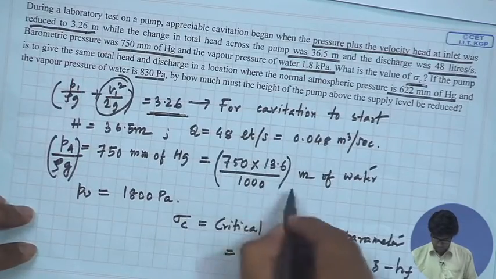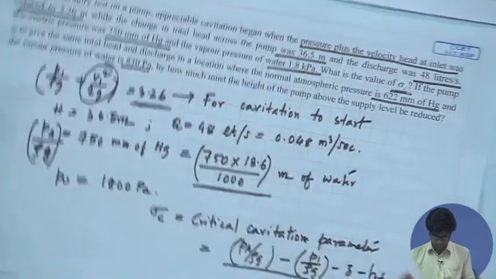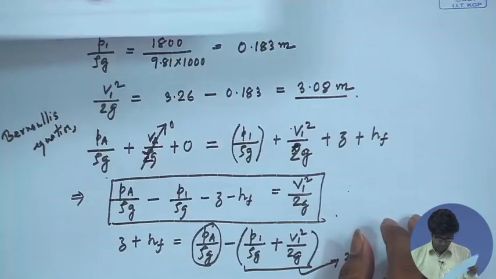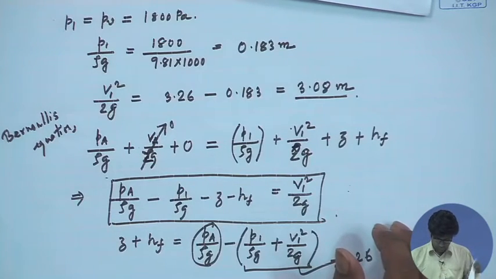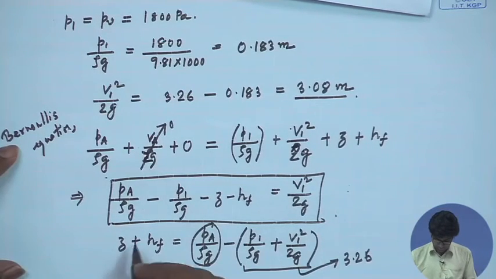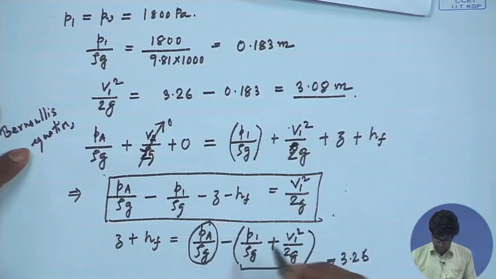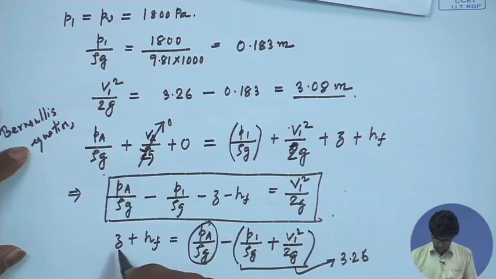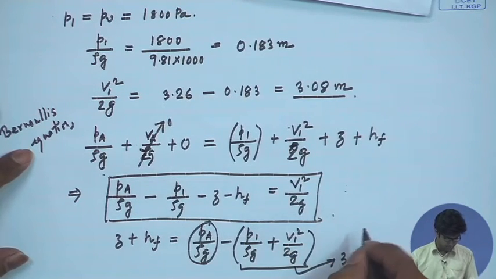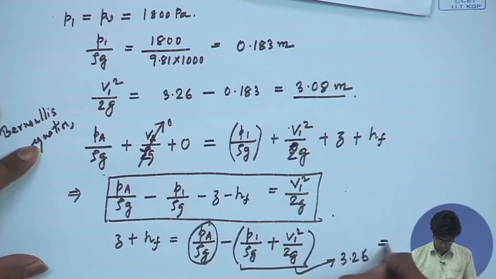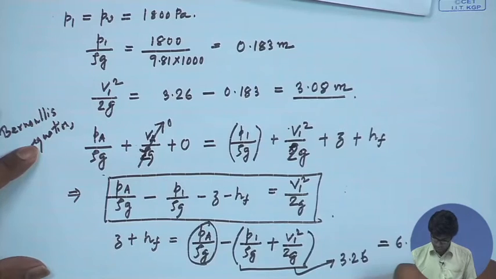P_A by rho g was given in the problem. So, substituting the values here, we get the potential head plus the head loss at the impeller inlet as 6.93 meters.